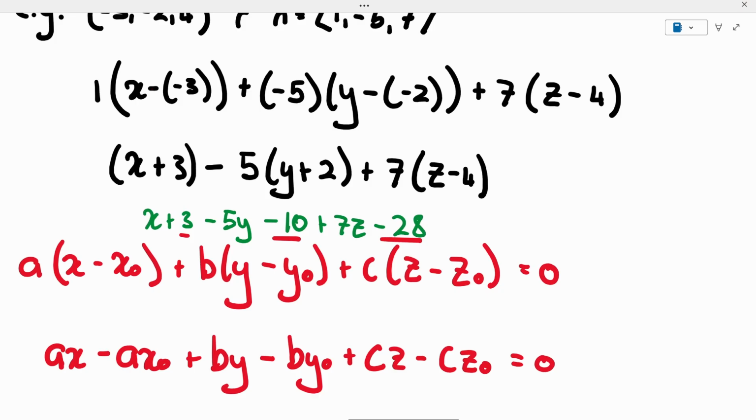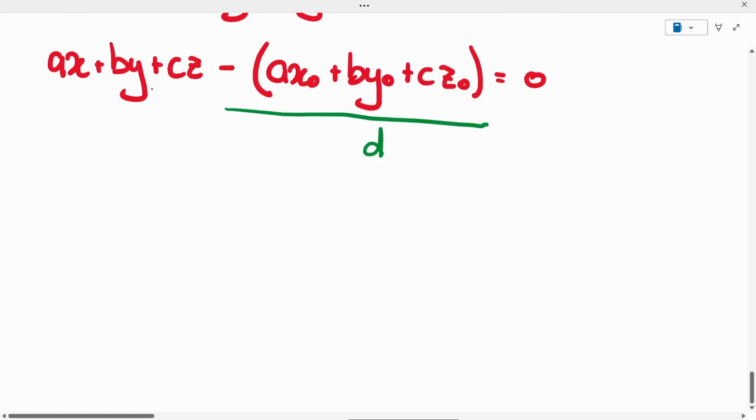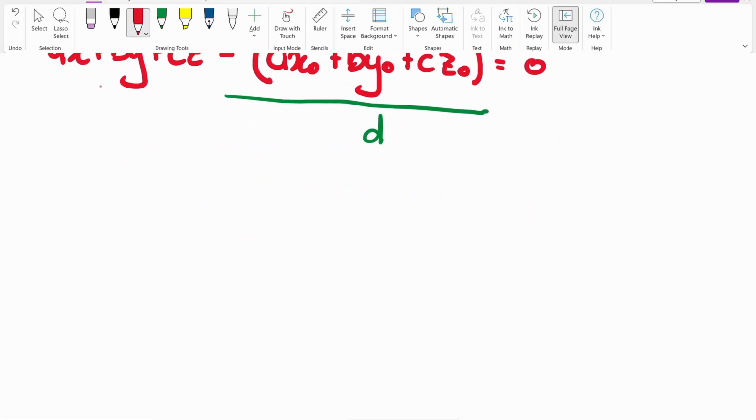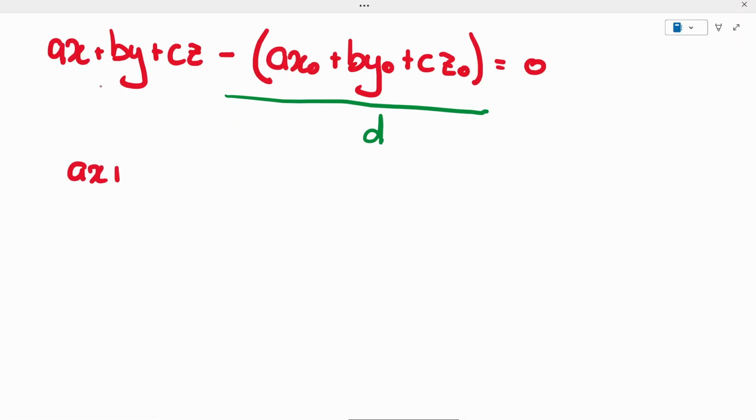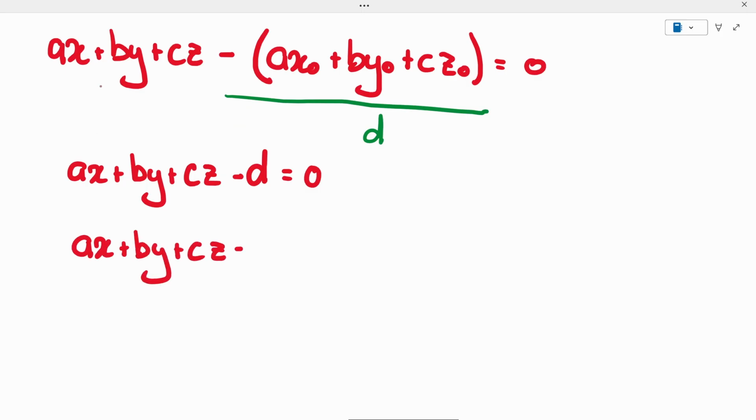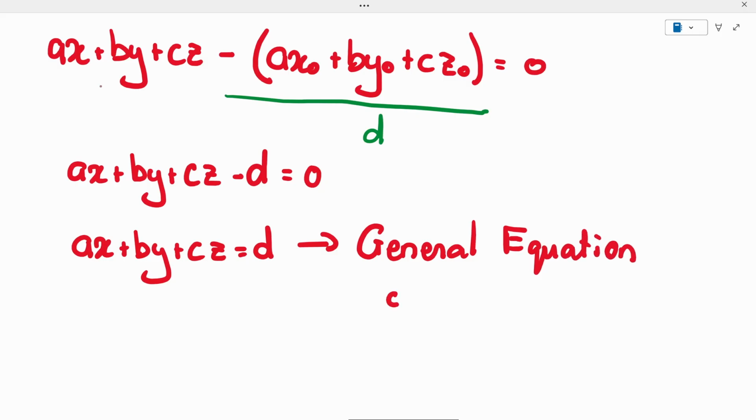Those values are equal to constants, so I can just call that constant d. That leaves me with ax plus by plus cz minus d equal to 0. We could just write it as ax plus by plus cz equals d. And this is your general equation of a plane. You all okay so far?